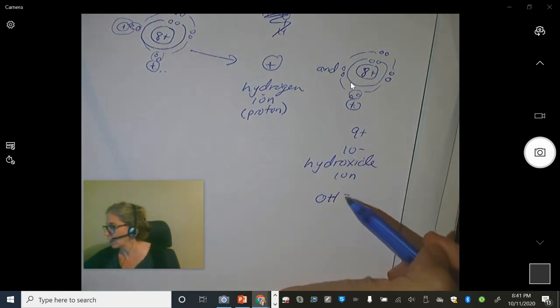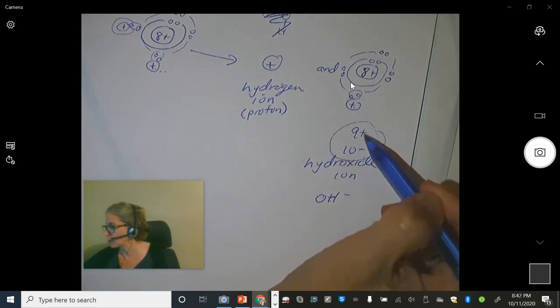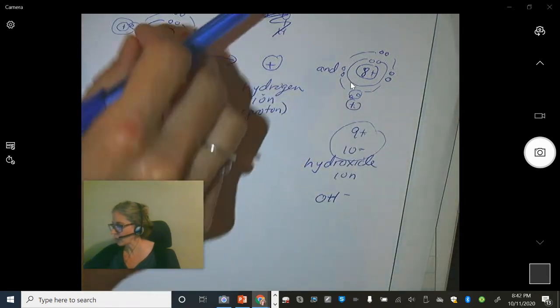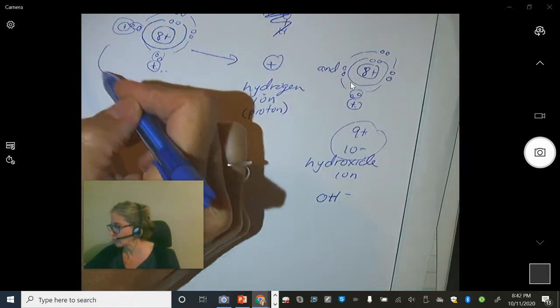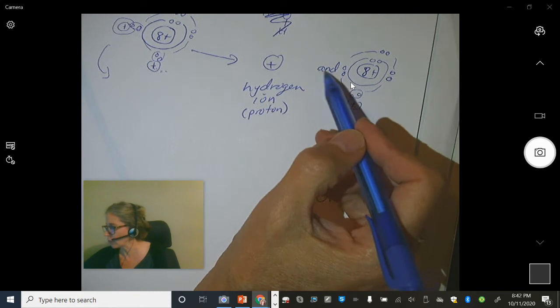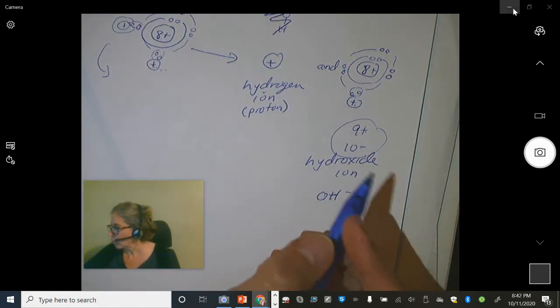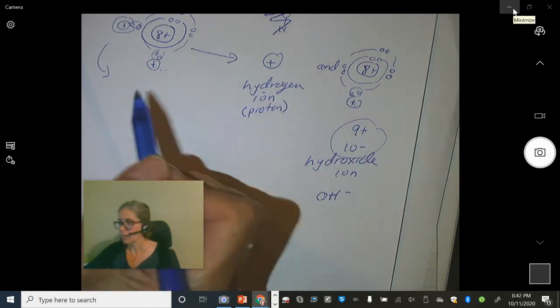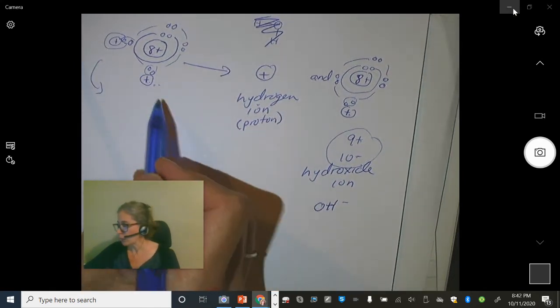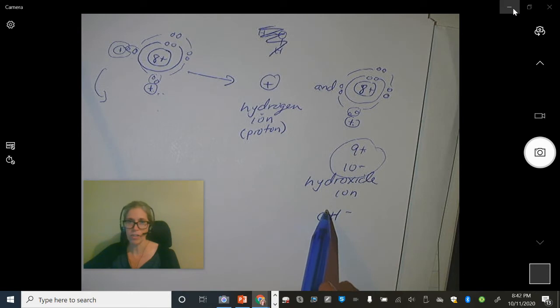And it's got a negative charge because there's more negatives here than positives. I hope that wasn't confusing. This I drew down because I wrote the word and there and it's in my way. I hope that sort of makes sense. Anyway, so what you have here is the dissociation of water. Water has broken apart into the hydrogen ion and the hydroxide ion.